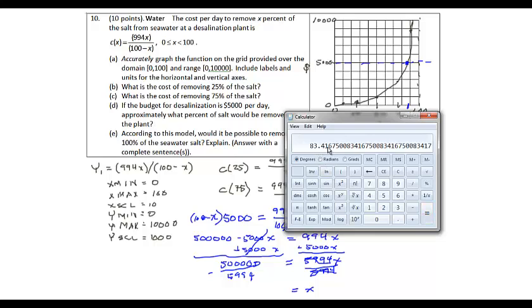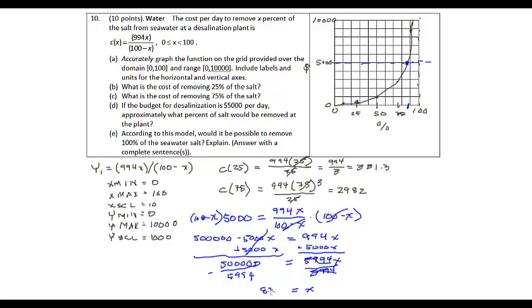We get about 83.4%. And that's a percent. So this answer here, 83.4%, would be our result, and that is reasonable. Looking at our graph is reasonable.